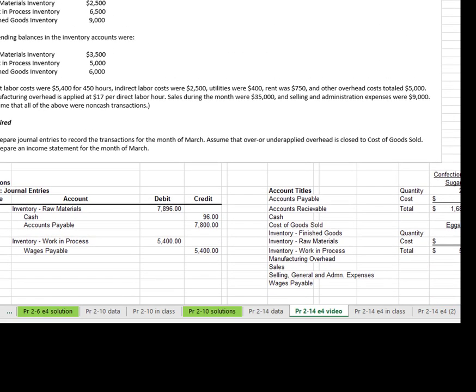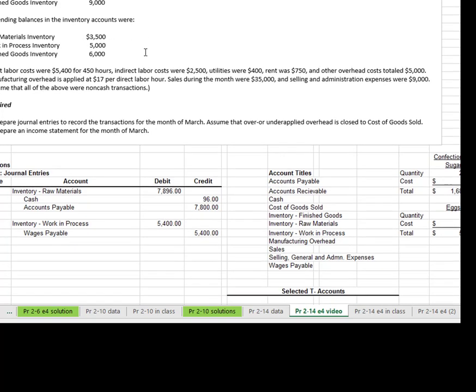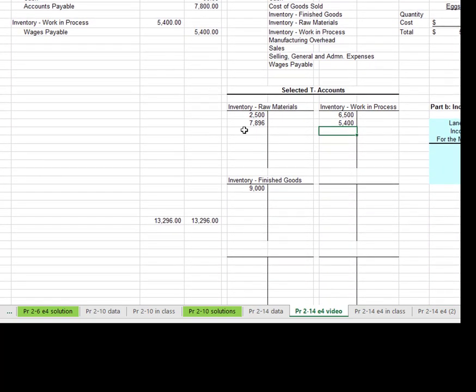So let's go back up here and look at this problem. Let's see. I'm going to deal with my ending balance in inventory here, raw materials inventory, 3,500. Okay. Here's my inventory account. All right. Now, if you look at this total right now, we've got 10,396, and we do a little underline there so I can see that's the total.